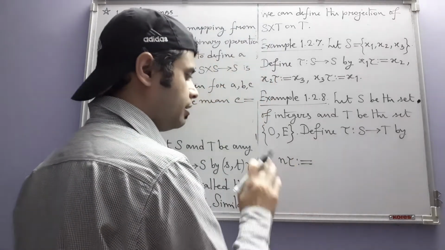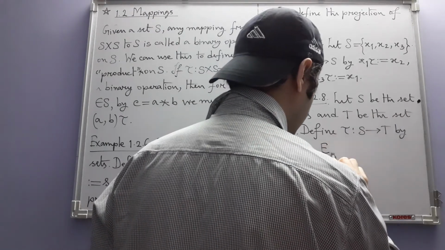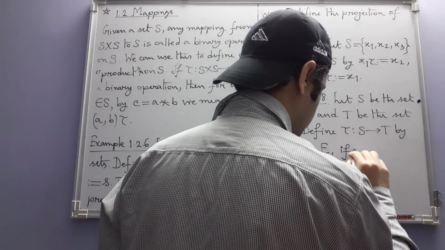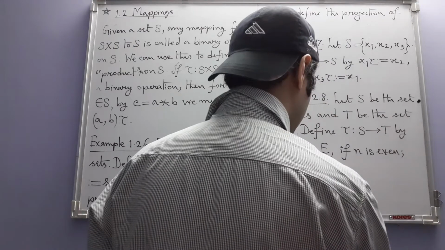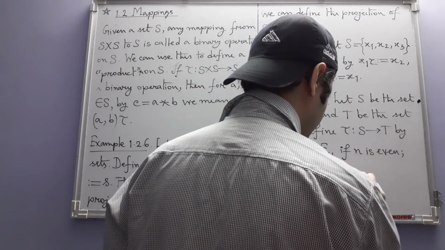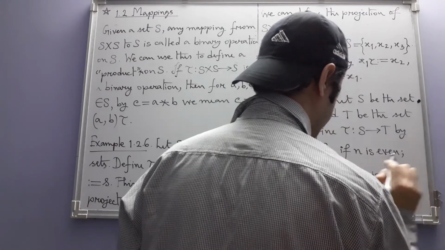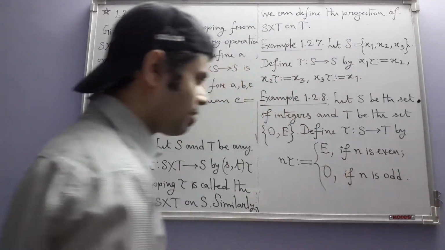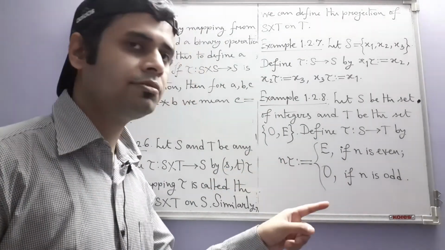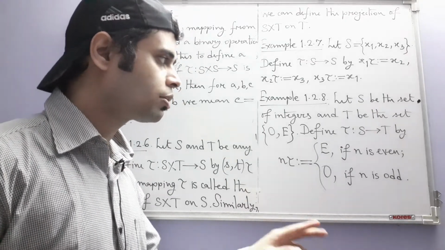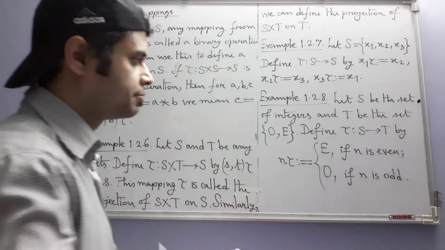Any integer n is mapped onto the letter E if n is even and is mapped onto the letter O if n is odd. This mapping is well defined because every integer is either even or odd and not both at the same time. Okay, that's why this mapping is well defined.